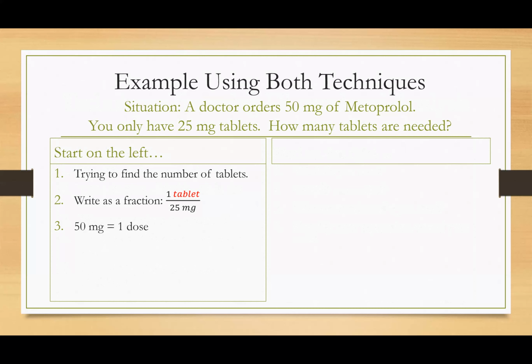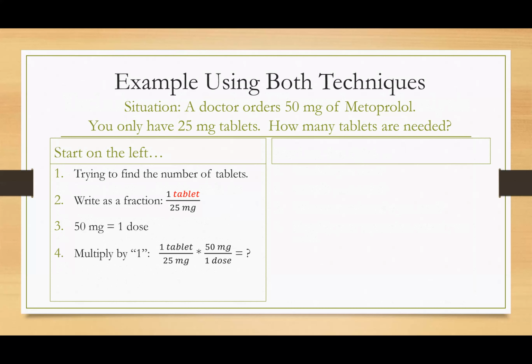Now notice in our original fraction of one tablet over 25 milligrams, the milligrams is in the denominator. So that means we need to multiply by 50 milligrams per that one dose, making sure that the 50 milligrams is in the numerator.